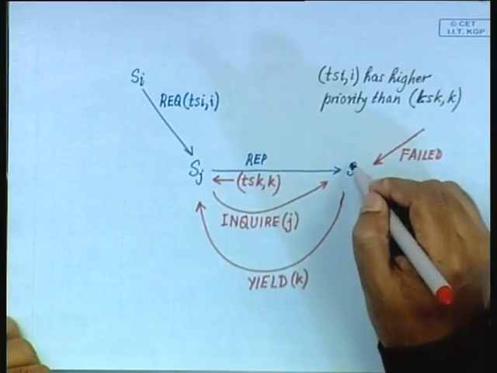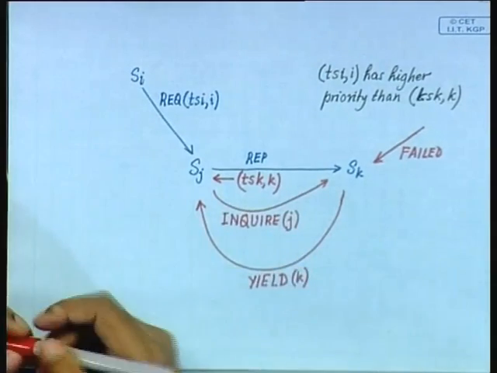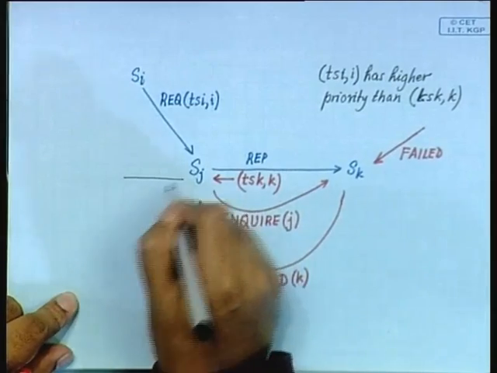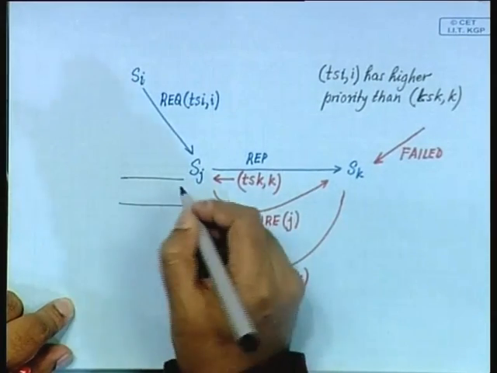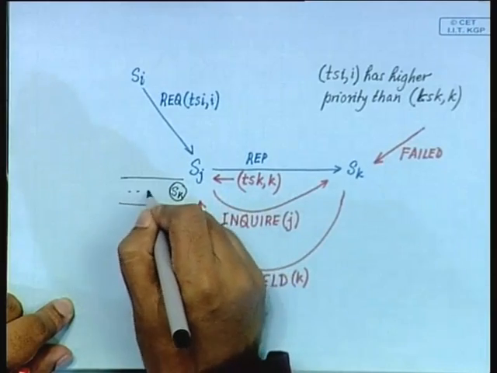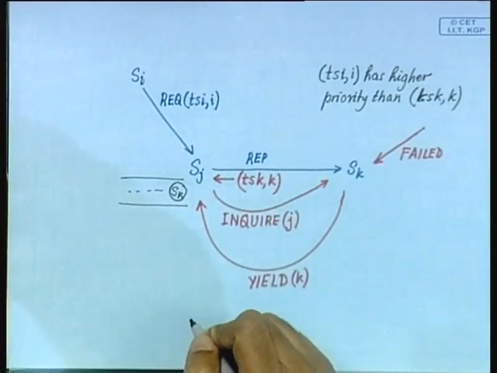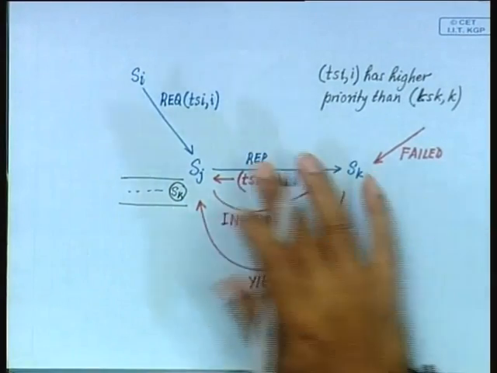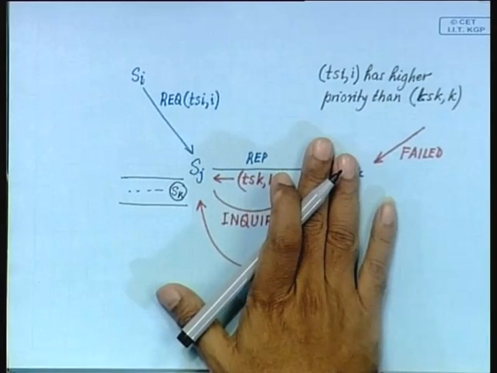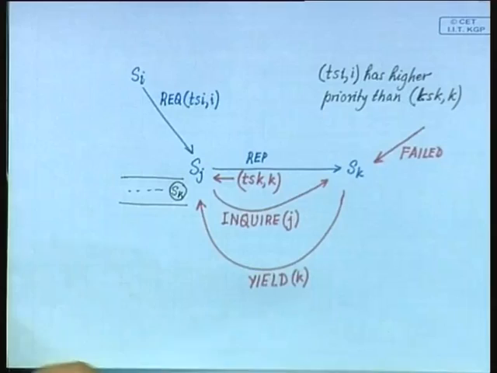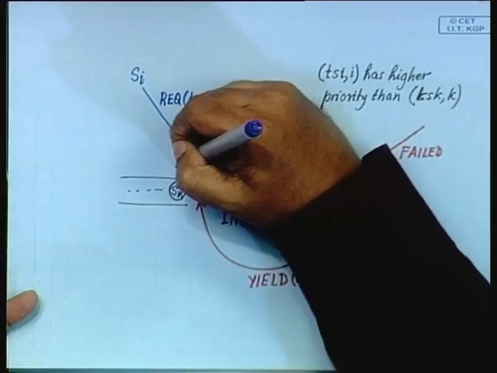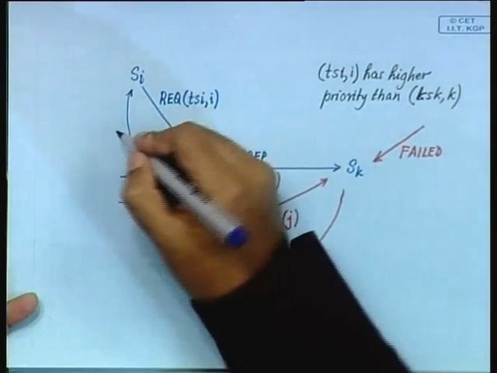So, what Sj will do is, see Sj maintains a request queue. So, it will put Sk in that queue somewhere down the line, and assume that it has not responded to Sk, right. Now, if it has not responded to Sk, then it is now free to send a reply back to Si.